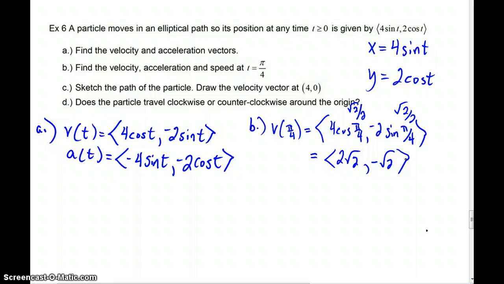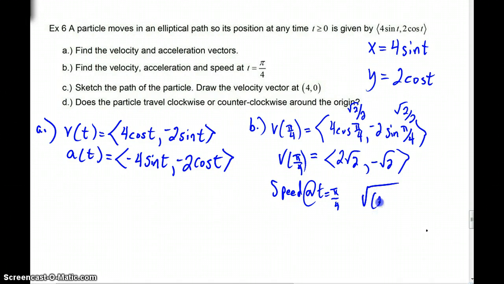They do want the speed as well. And normally I'd jump right over to acceleration, but speed at t equals pi over 4, well, that's going to be the Pythagorean theorem. That's going to be the square root of 2 root 2 squared plus negative root 2 squared.